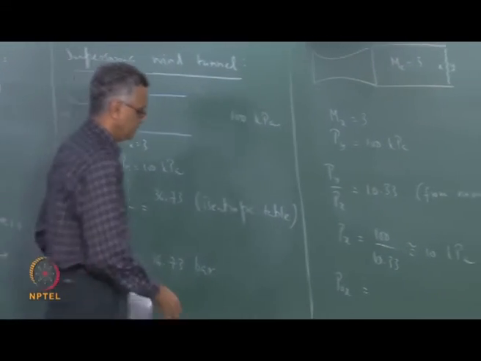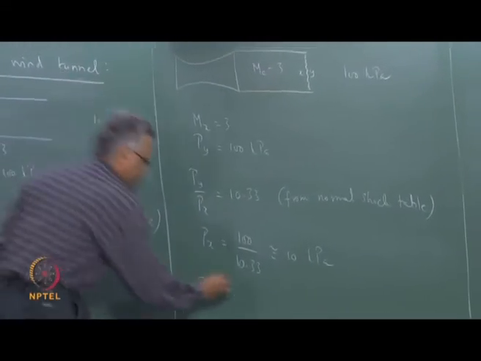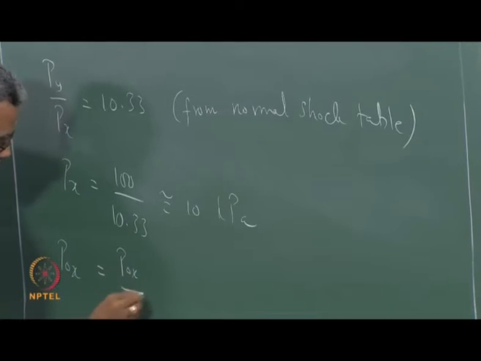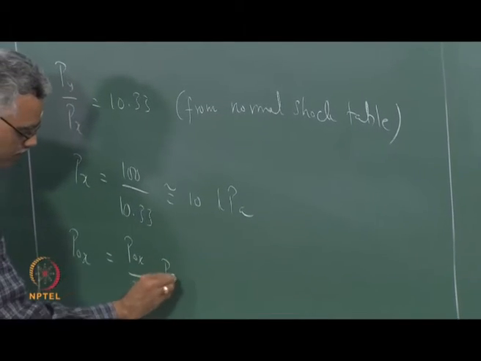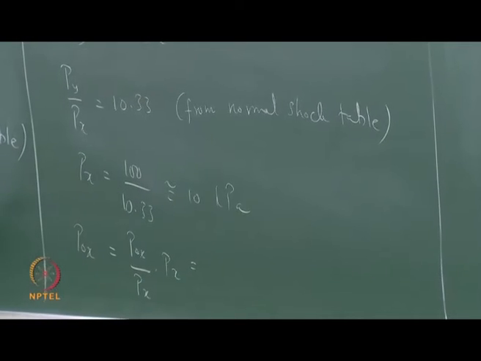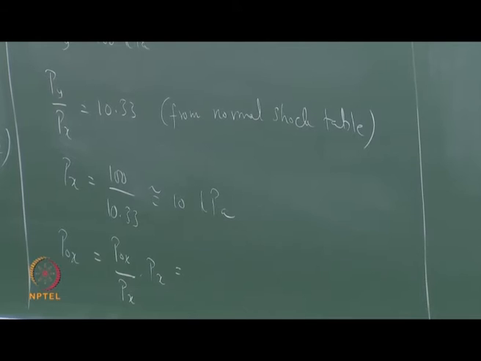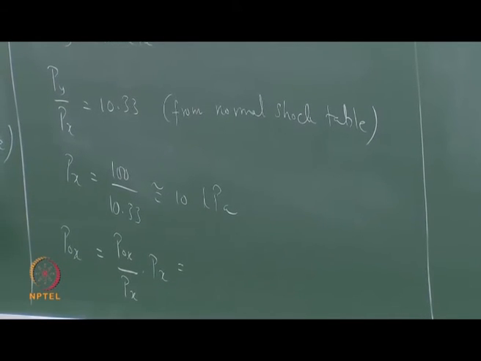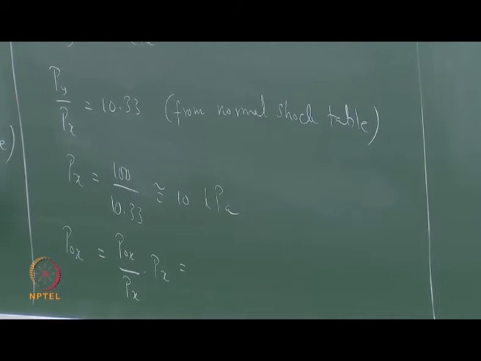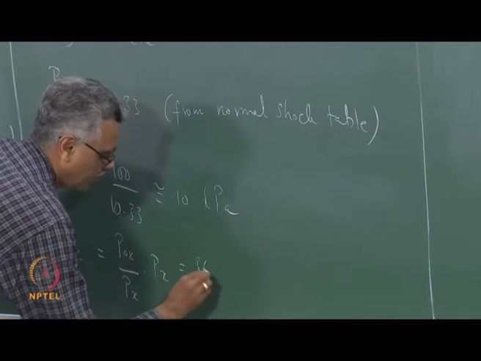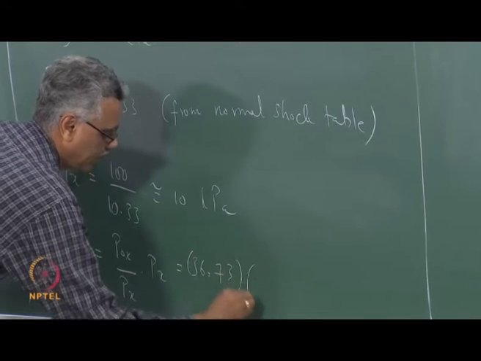Mach number is 3, so from the isentropic table we get P0x over Px at M equal to 3 to be 36.73, that we have already seen, right. 36.73 times 10.